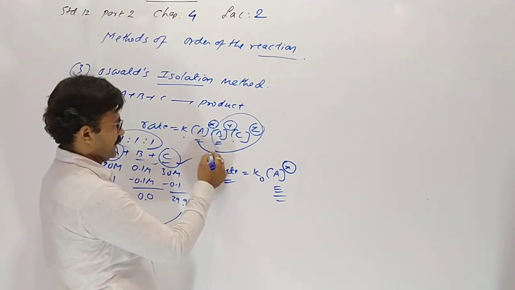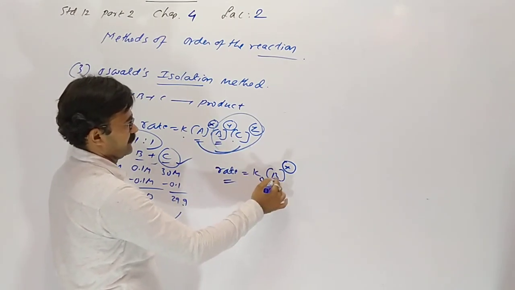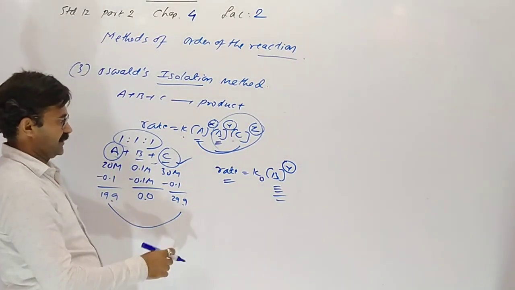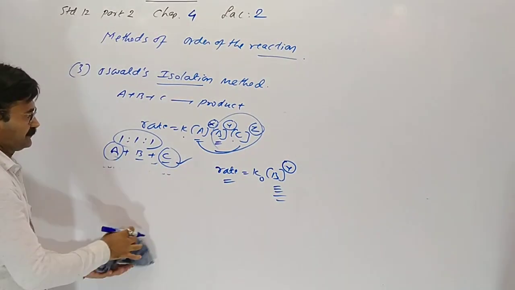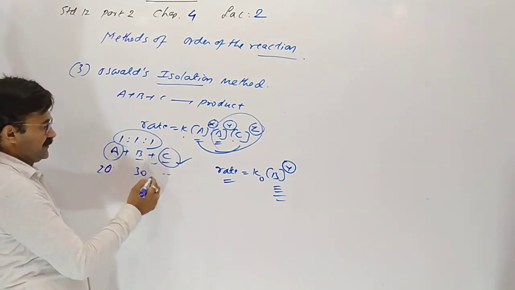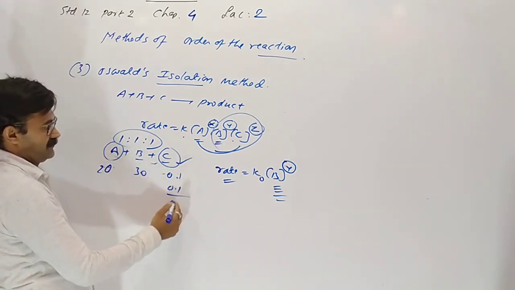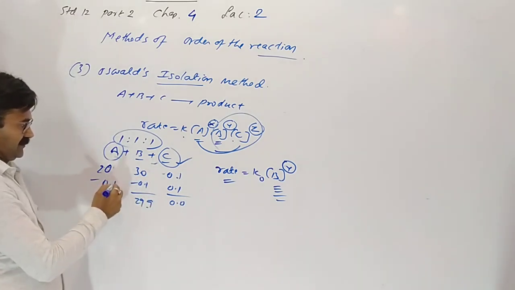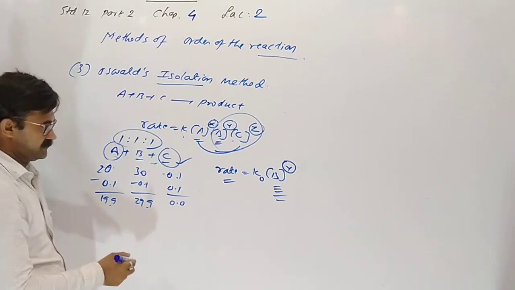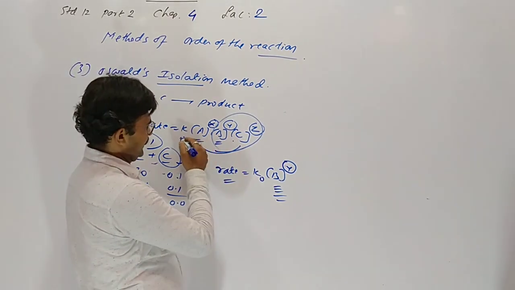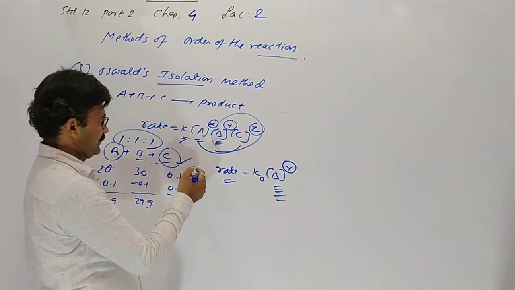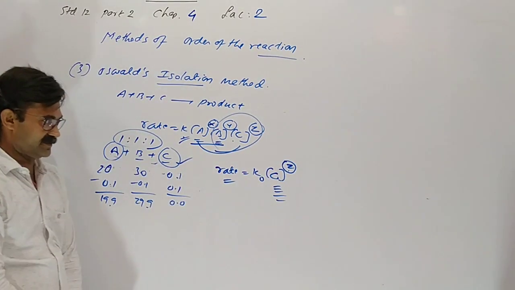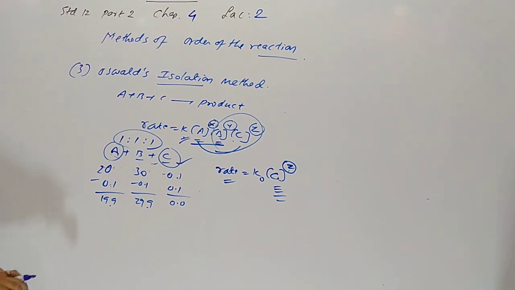Here A and C are constant, so with reference to B we can derive the value of y. In the third case, A is 20, B is 30 and C is 0.1. Here K, A and B are constant, so C raised to z we can derive. So this is the isolation method of Ostwald.